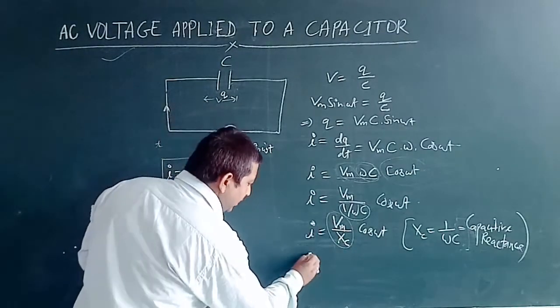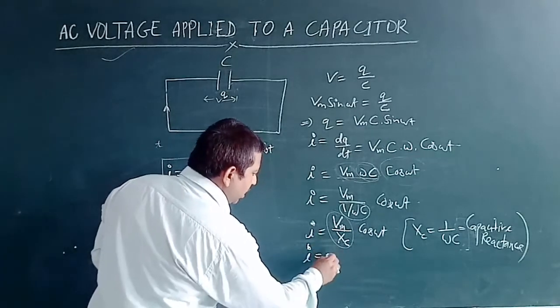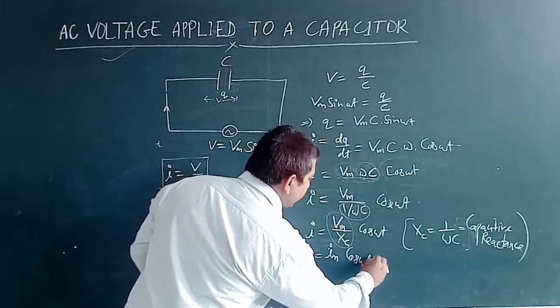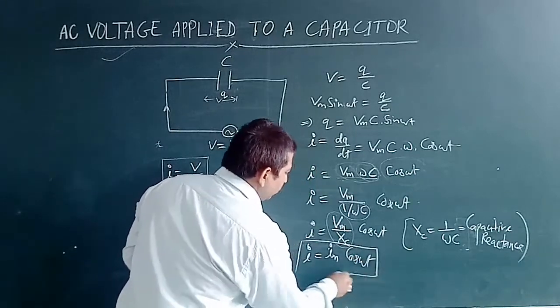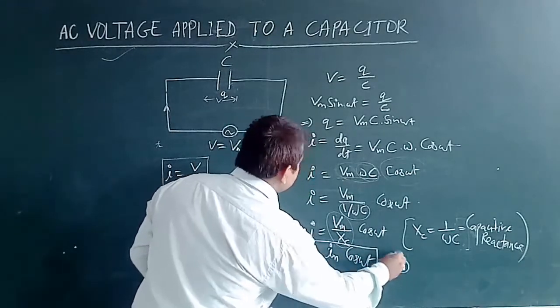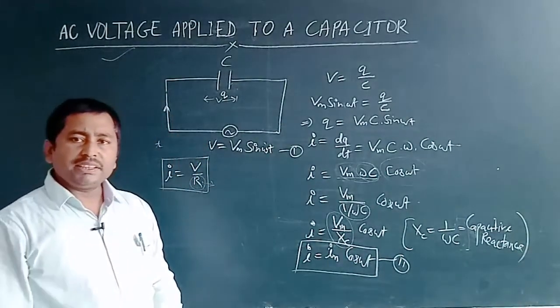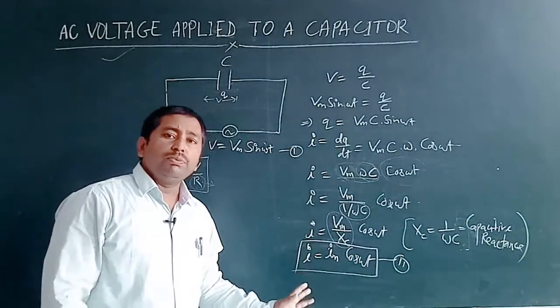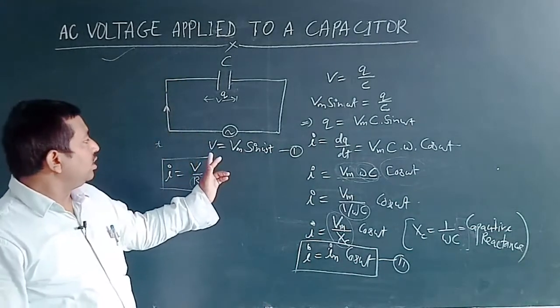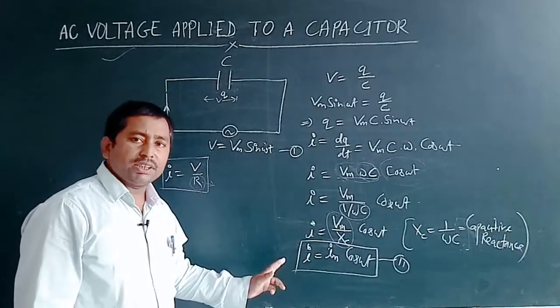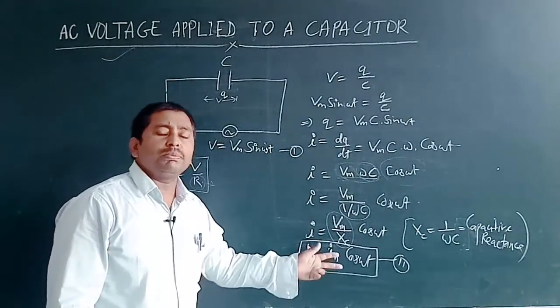So Vm by Xc is Im, so this becomes Im cos of omega t. Okay, so if we write this as equation number 2 and the earlier one as equation number 1, then on comparing equations 1 and 2 we get that V is equal to Vm sin omega t, but I is equal to Im cos omega t.